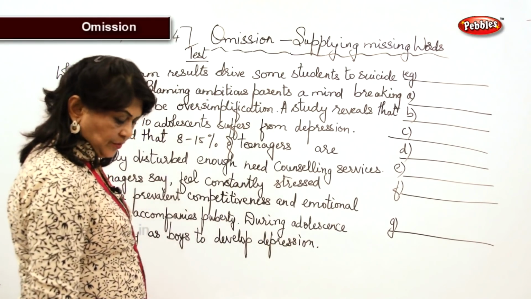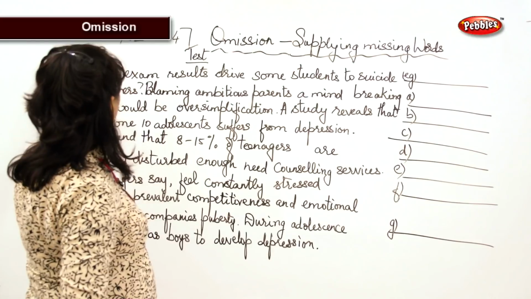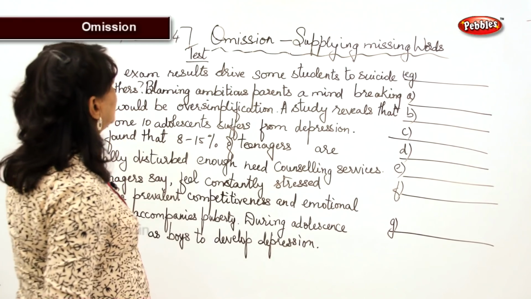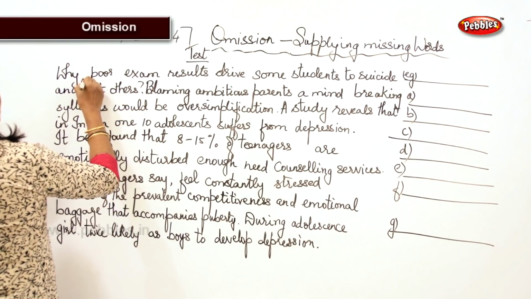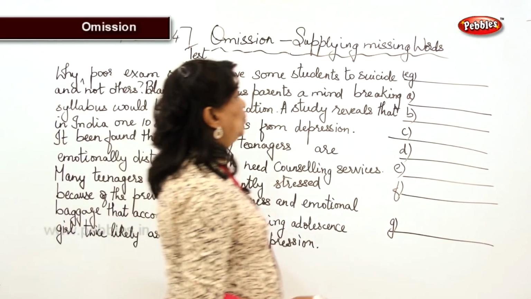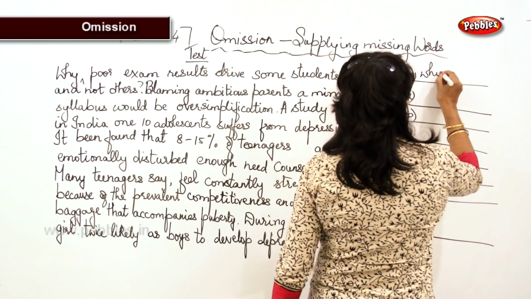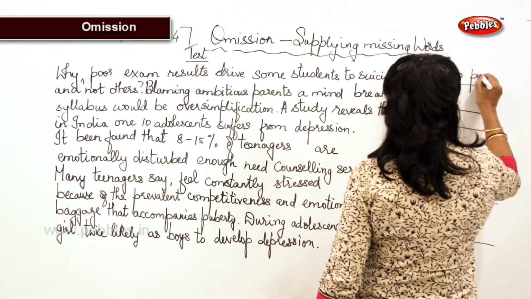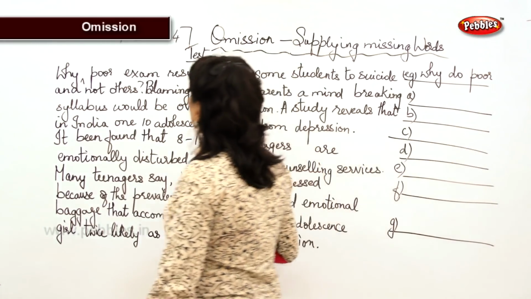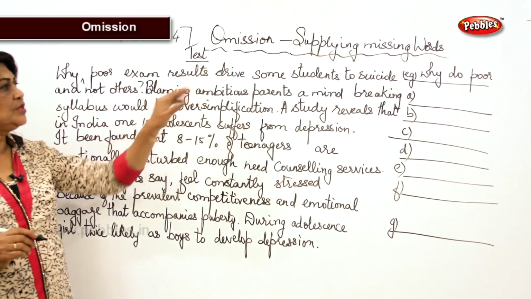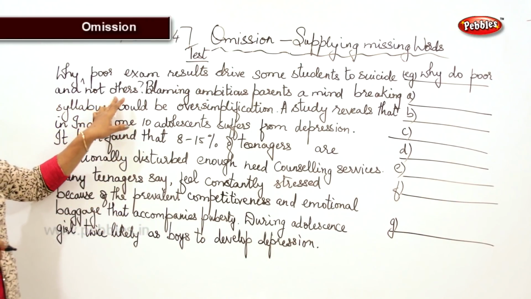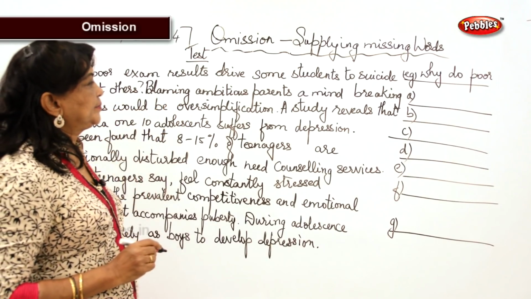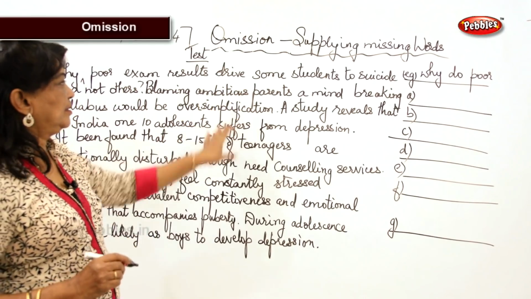Okay. Now what is the first answer? Why do poor exam results drive some students to suicide and not others? Blaming ambitious parents. What will be the missing word here?